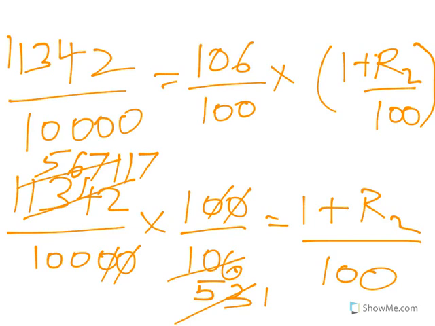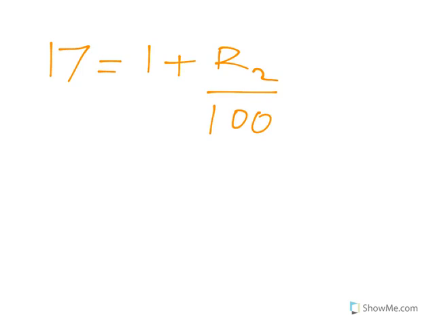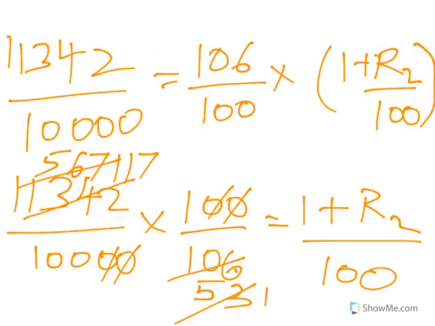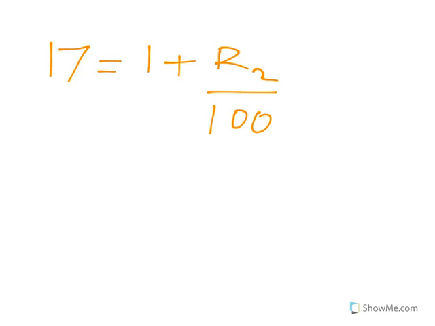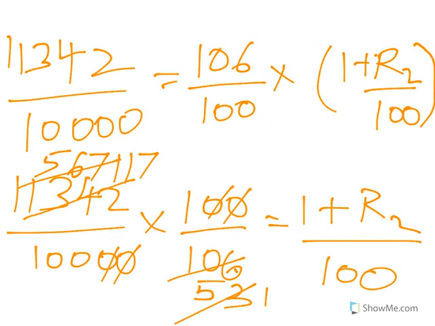Okay, do this on the next page now. Actually, I just need to do the last bit. 17 is equal to 1 plus R2 by 100. That's strange. Did I miss something? Oh yes, I forgot the extra 100, yes. Okay, there we go, now it makes sense. 17 by 100 is, yeah, that's right.